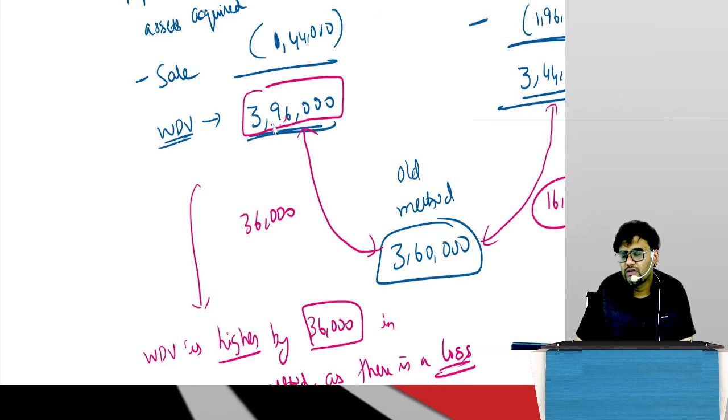Direct attack: debit the P&L account and close it. Whereas in the block method, the loss is lying in the WDV, and slowly it is getting depreciated over the next few years. Is the asset with you? No. But depreciation happens over many years. Correct? The single asset method is like a new girlfriend or boyfriend. Breakup happened, tomorrow you move on.